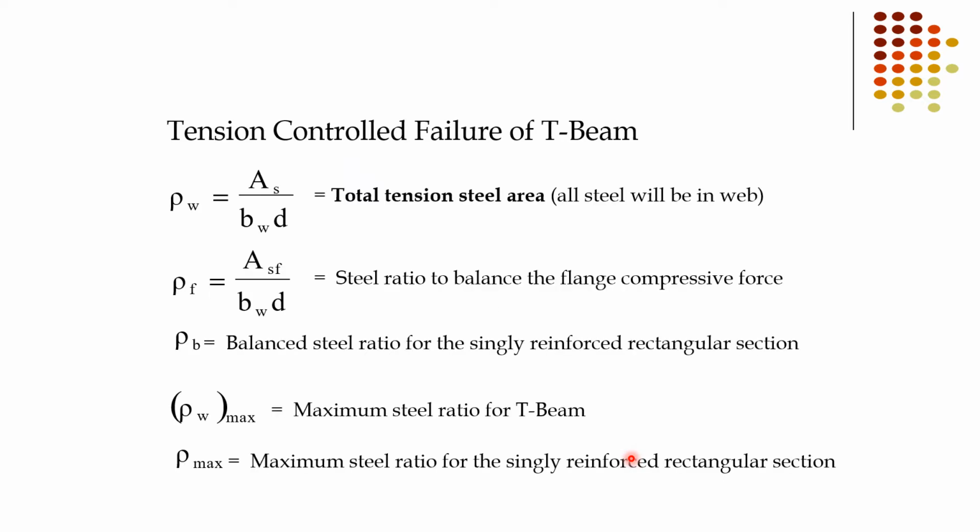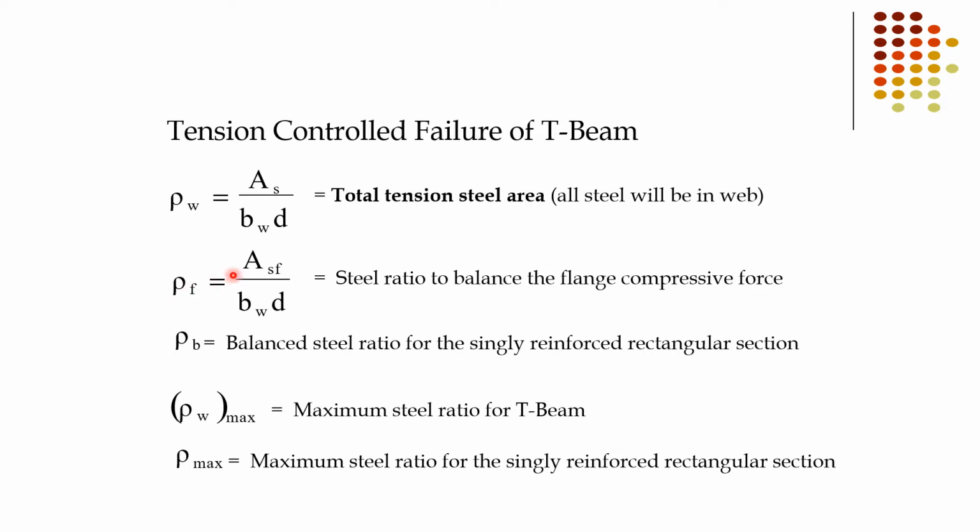Okay, and here is a simple nomenclature for the steel ratio. Rho w, now you can see only the steel will be provided in the web. So the total steel in the web, that is As over bw d, the total tension steel area, all steel will be in the web.